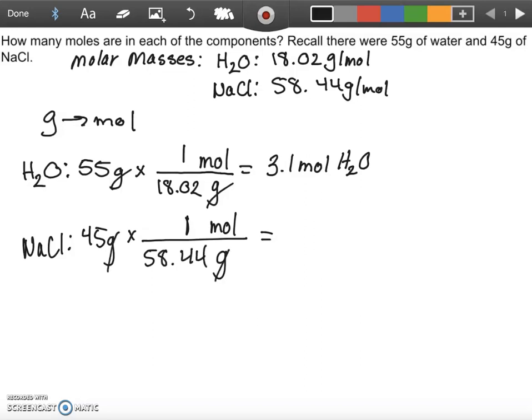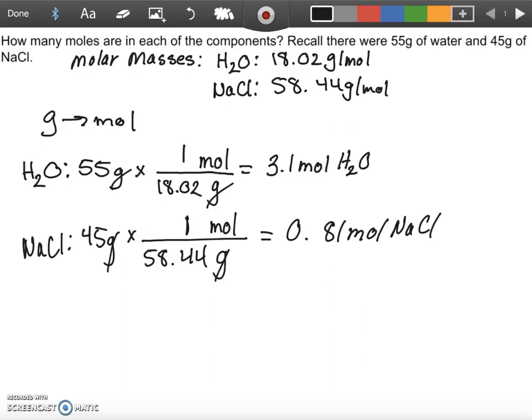Grams go away. 45 divided by 58.44 comes out to be 0.81 moles of this mixture made of NaCl. So this is just another way that the AP test could extend a problem beyond just basic percentage calculations.